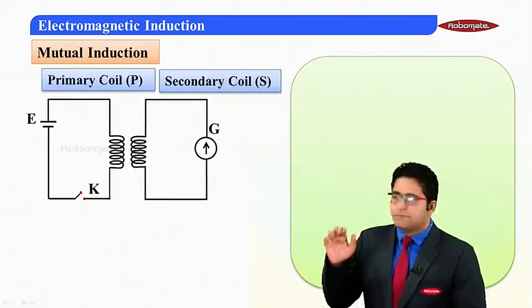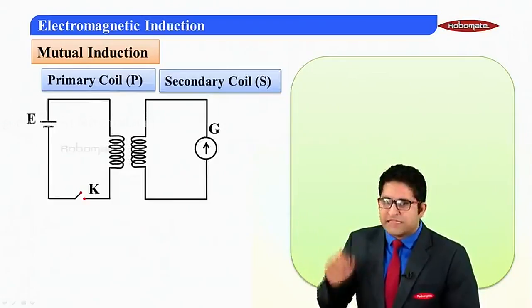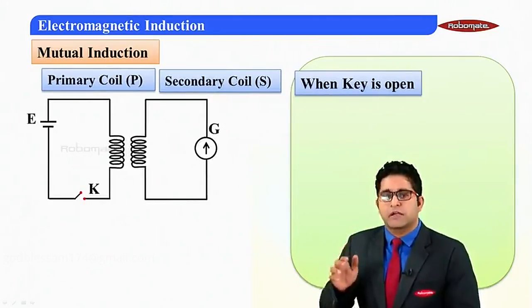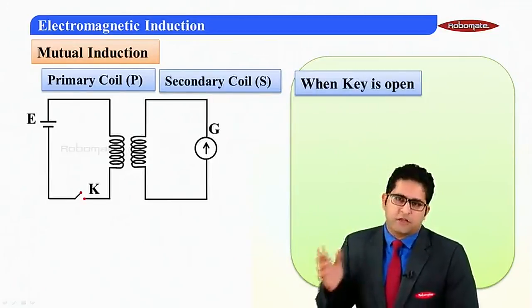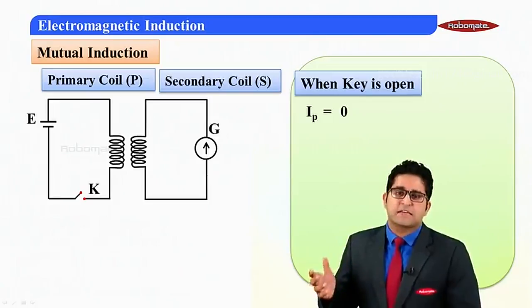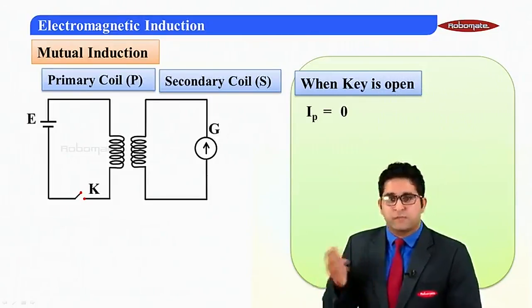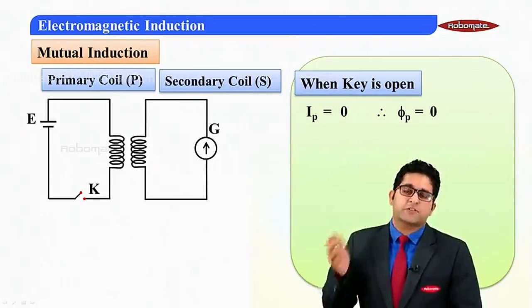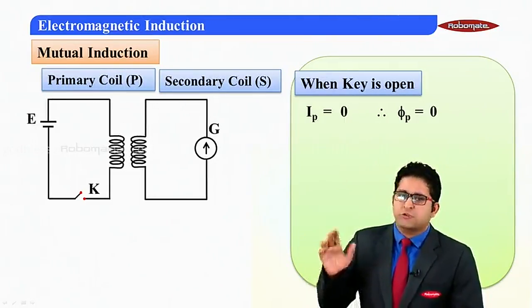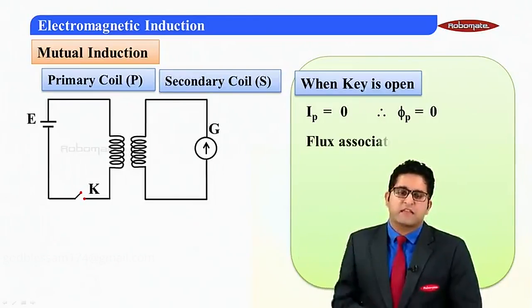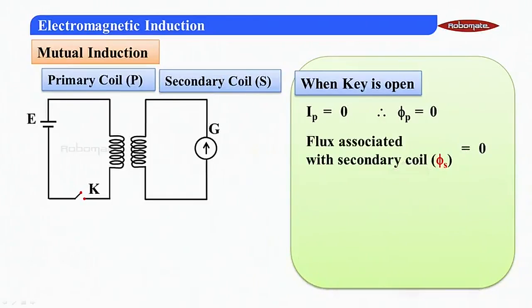Right, now see primary side, I can say key is open, right? And when key is open, what can you say about the current in the primary coil? I can say current in primary coil, that is IP, will be equal to 0. And as current is 0, I can say flux in the primary coil, that is phi P, will also be equal to 0. Now as flux of primary is 0, there is no flux associated with the secondary coil, and thus phi S is equal to 0.